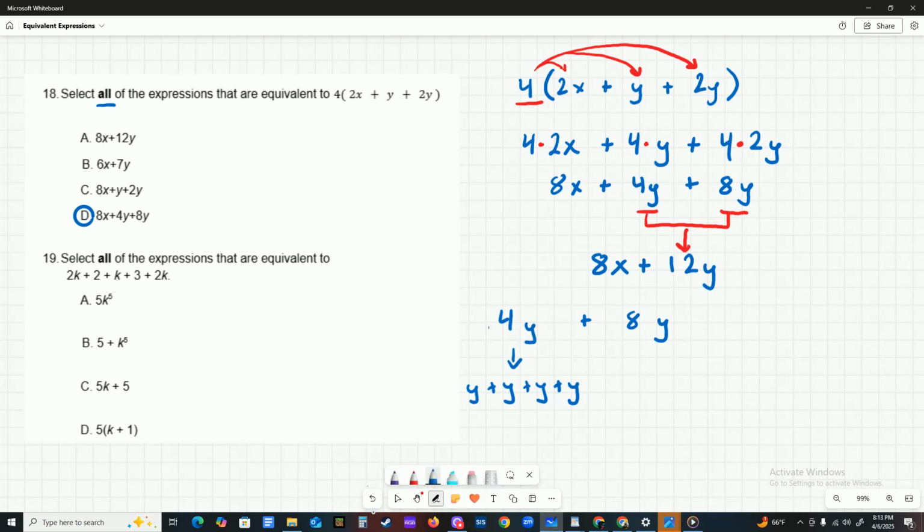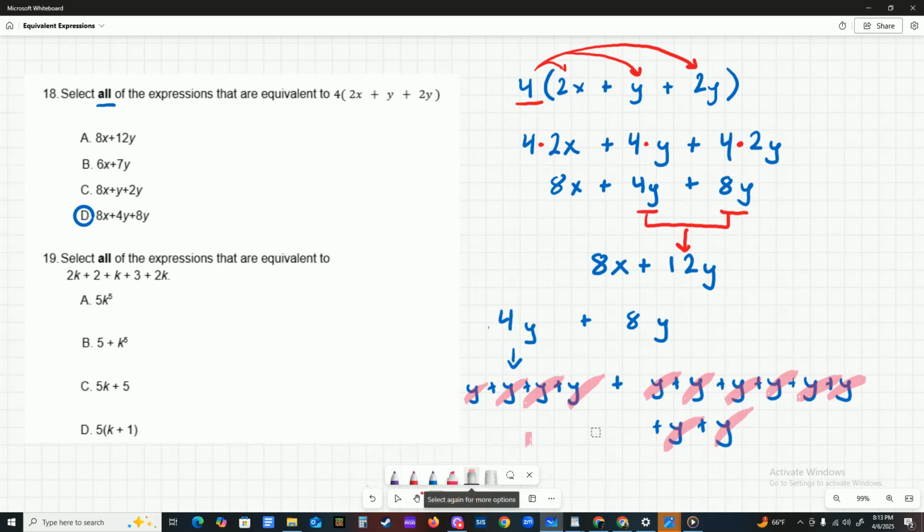So we have 4y plus 8y: 1, 2, 3, 4, 5, 6, 7, 8. Sorry about that. Continuing down here, I just ran out of room. So now if you count the y's together, see what we got. 1, 2, 3, 4, 5, 6, 7, 8, 9, 10, 11, 12. 12 y's. So you just add the terms together.